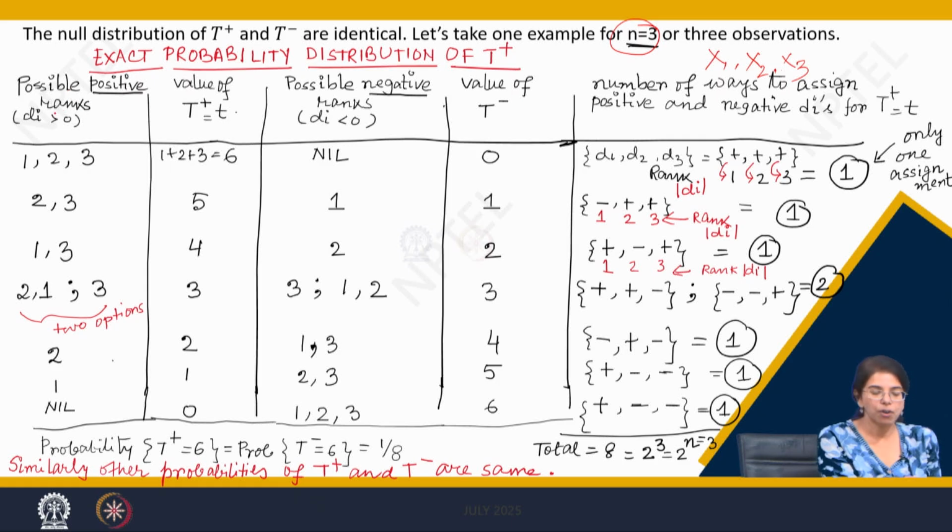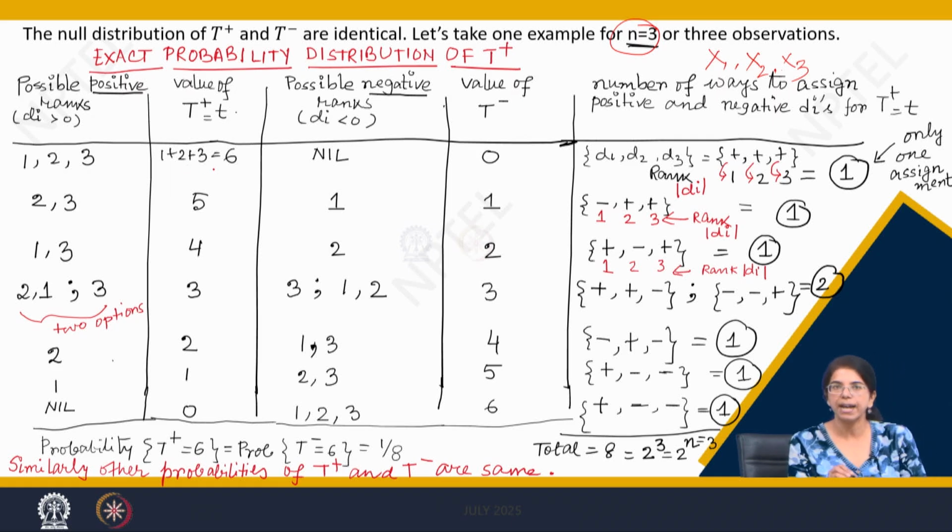So look at the column head of the first column, possible positive ranks, Dis are greater than 0. So 1, 2, 3. That means first observation is positive, second observation is positive, third observation is also positive, and their ranks are 1, 2 and 3. So what will be the value of T plus then? 1 plus 2 plus 3, because we know T plus is defined as sum of the ranks of the positive observations.